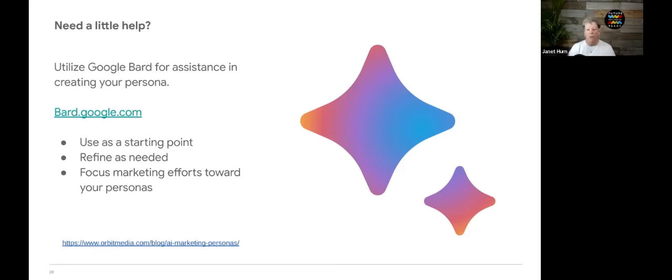And you can use this as a starting point to help you determine your buyer personas. You can refine them as you see fit. If you don't agree with what Bard comes up with, then you should refine it. You should change it to what you know. But this will help you get started with your buyer personas. And we're going to provide the ways that you can do that.